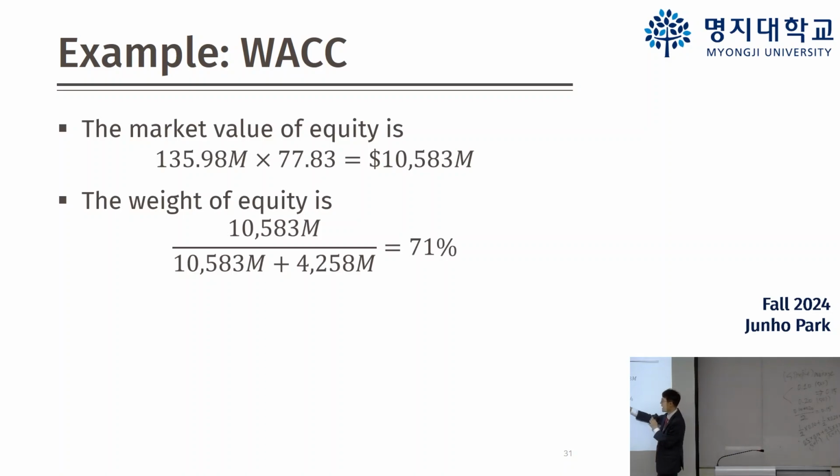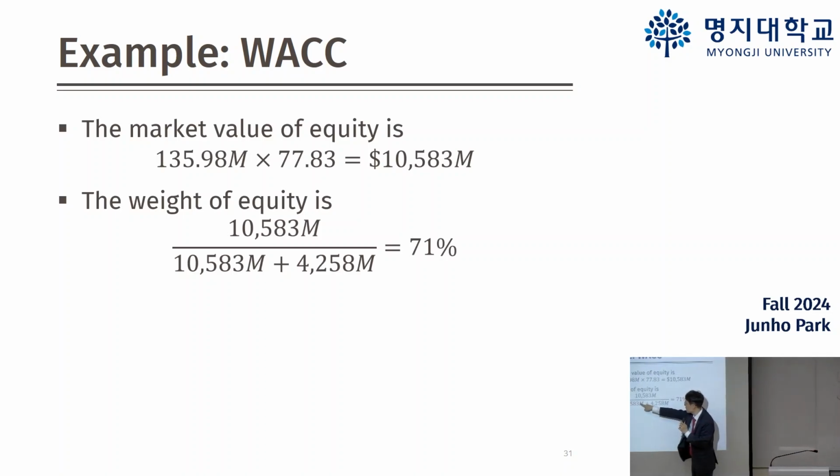So this is the value of equity and this is the value of debt. Adding them will give you the value of the company overall, and the value of equity divided by the value of company is 71%.